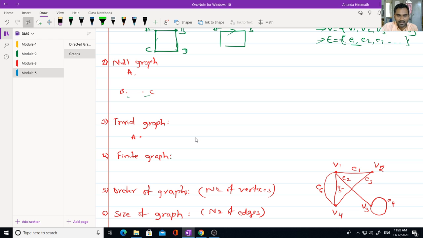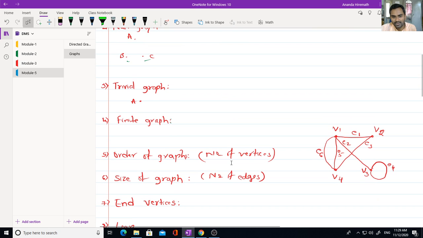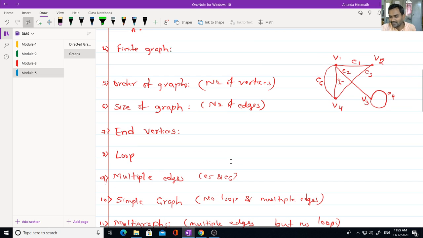Now finite graph. It means that in a graph the number of vertices as well as edges are finite. And the next definition is the order of a graph. Now this order is nothing but the number of edges, or sorry, the number of vertices in a graph.